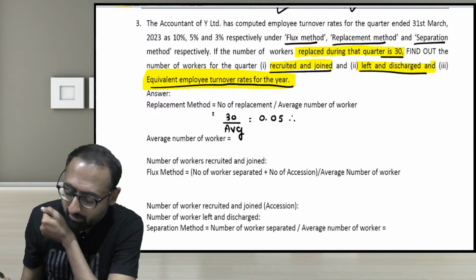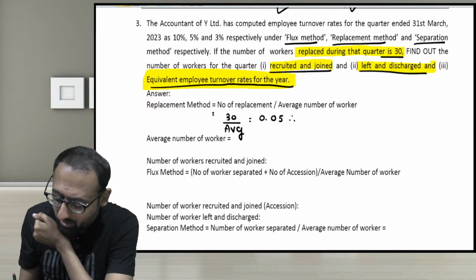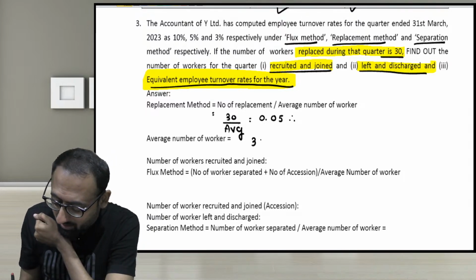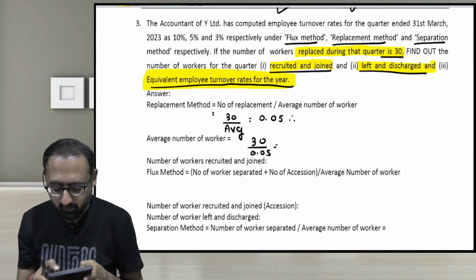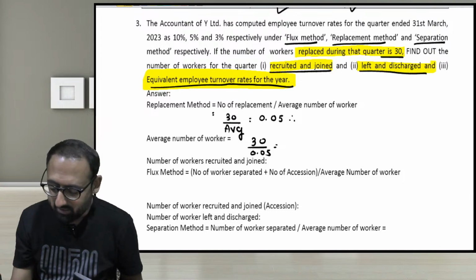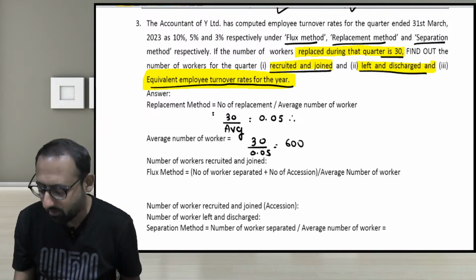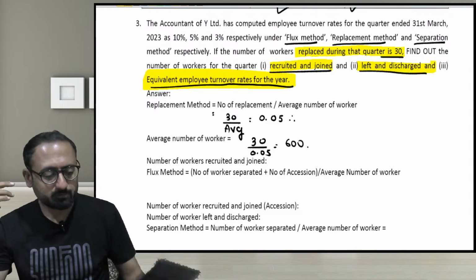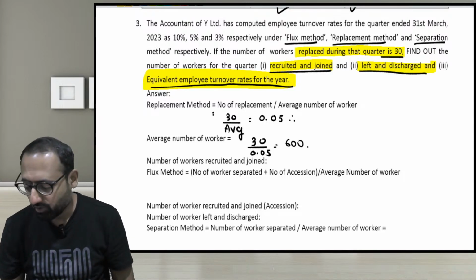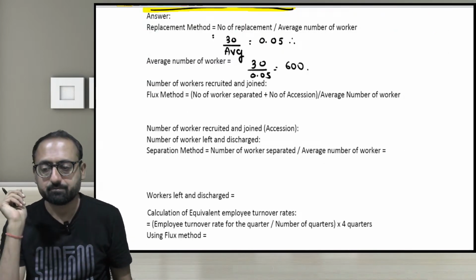So immediately you will get the average number of workers. 30 divided by 0.05 is 600. 600 will be your average number of workers.